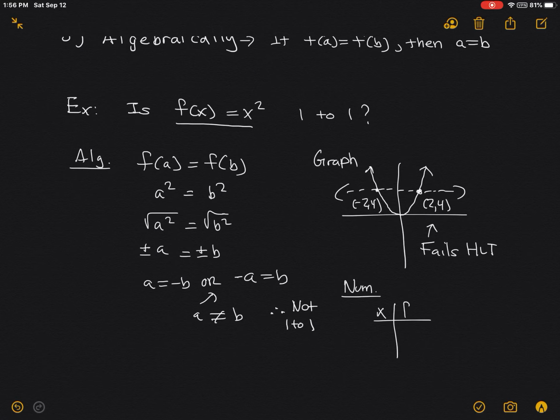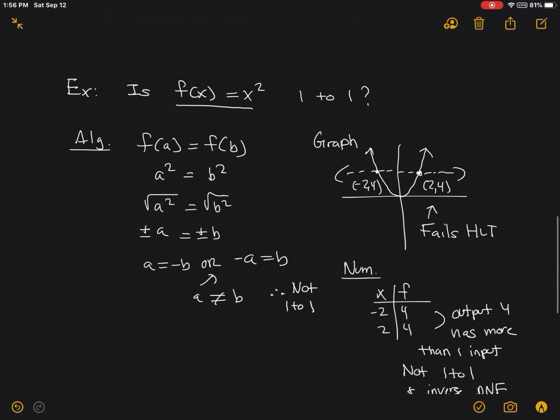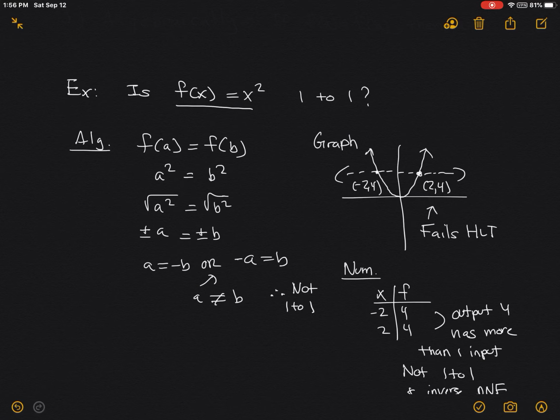And so numerically, you can do the same thing over here. Here's x, here's f: negative 2, you get 4, positive 2, you get 4, right? You could say output 4 has more than one input. It's not 1-to-1, and the inverse does not exist.